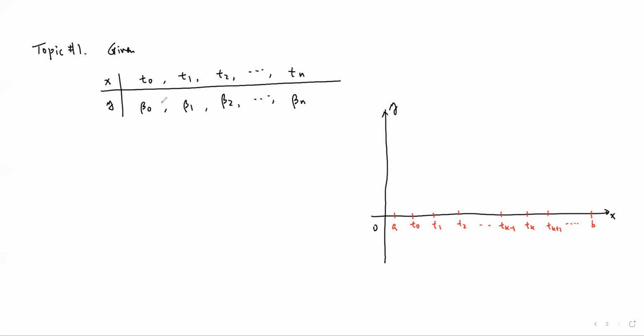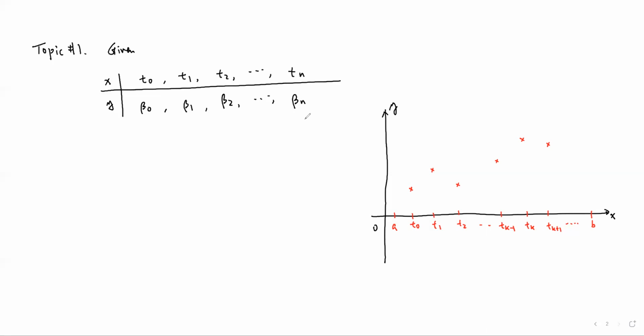Let me plot these points on the XY plane. (t0, beta 0), say this point. (t1, beta 1), this point. And this point, this point, this point here. The beta values are just randomly picked.